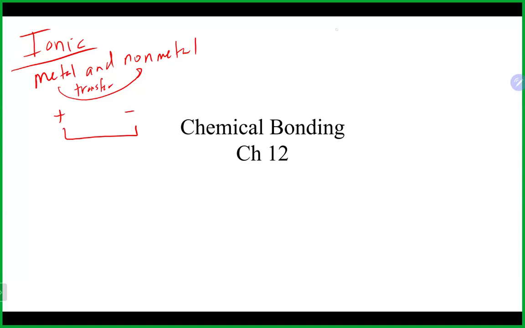We will also talk about covalent bonding in this chapter, which is a little bit different. It's usually between two nonmetals. Because of those same periodic trends, both nonmetals want to keep their electrons and also want other people's electrons.